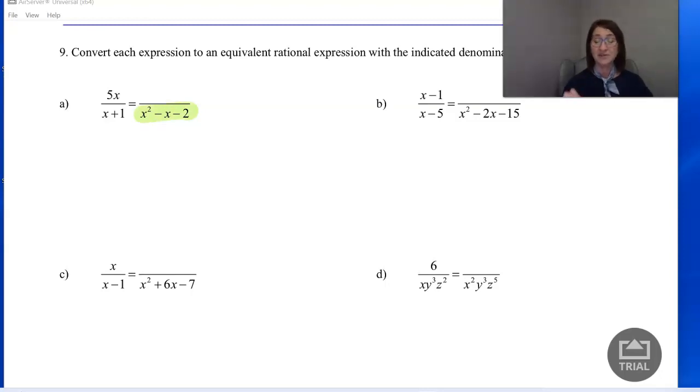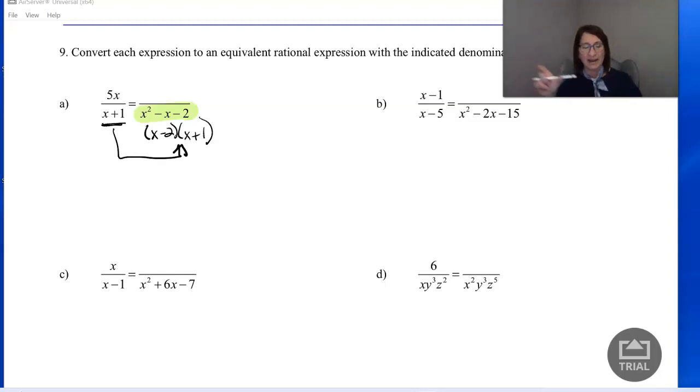So when I factor that, I get x minus 2, x plus 1. And when I compare the x plus 1 to my intended denominator, I see that my x minus 2 is missing.